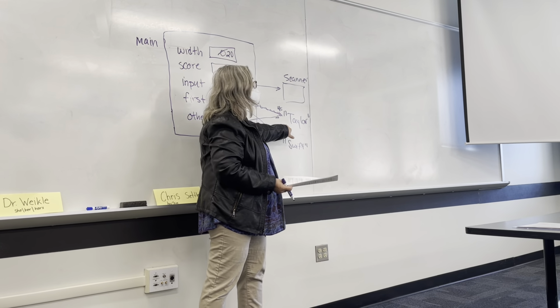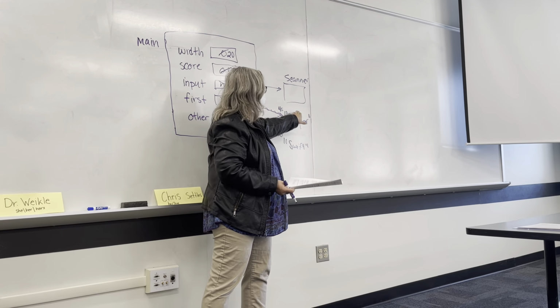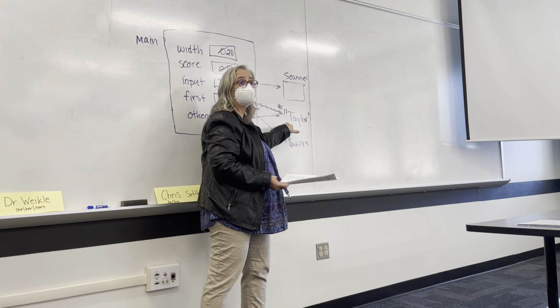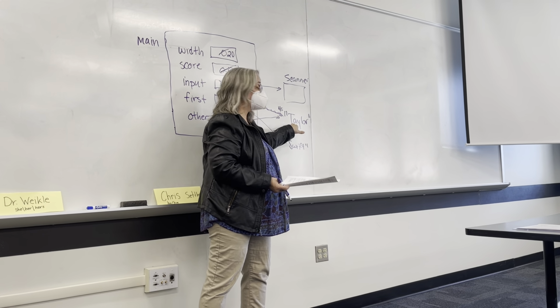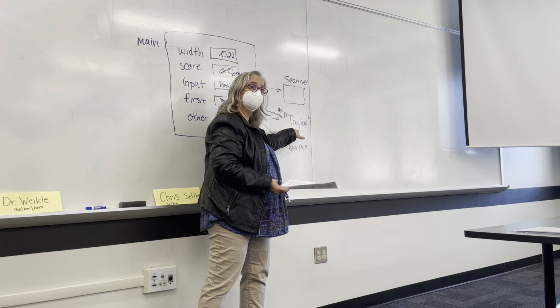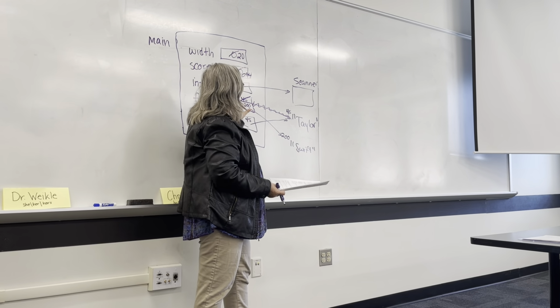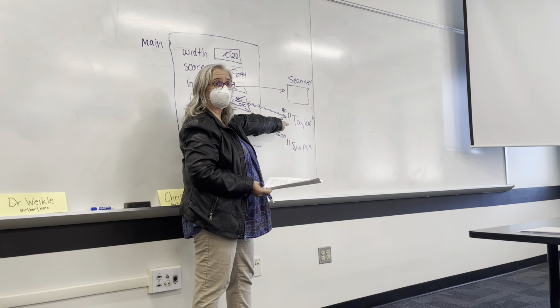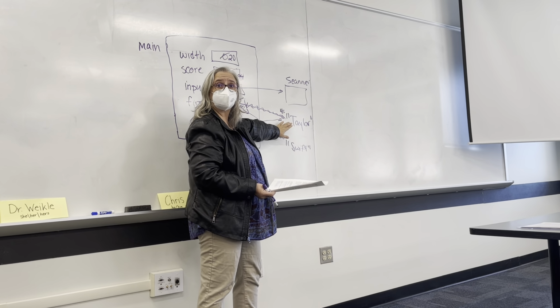But if I had a mutator, i.e. a setter or something like that, on this object over here, so let's imagine it's a point, then I could use that setter to change the object that's over here. And if I do that, then the object pointed to by first and the object pointed to by other would be changed.